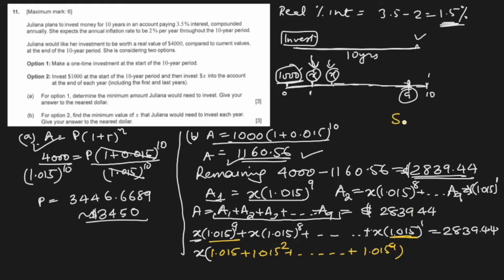What do we know? Sn for a geometric sequence is A1, the first term, or U, you can write U in place of A, times R to the power n minus 1 over R minus 1, and that's how I will find this.